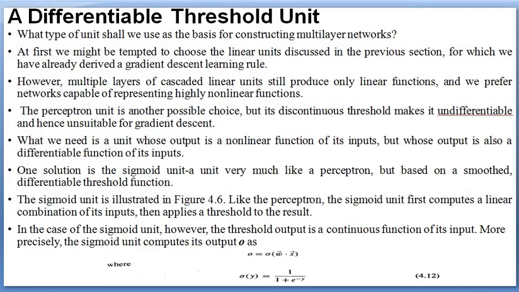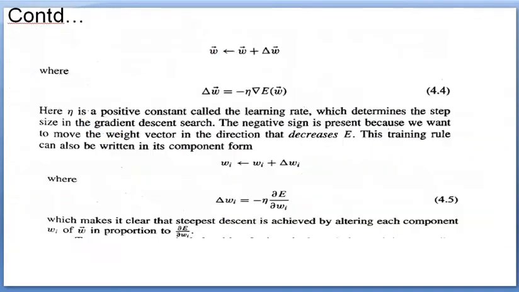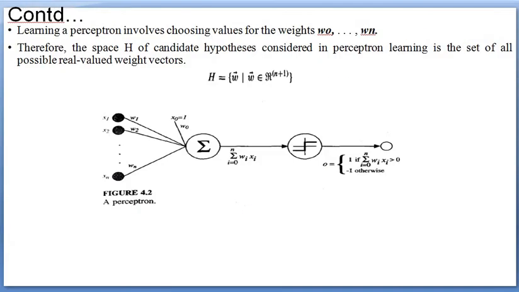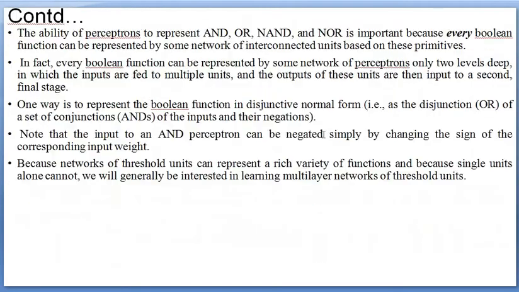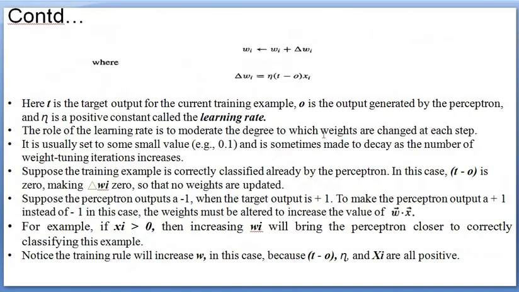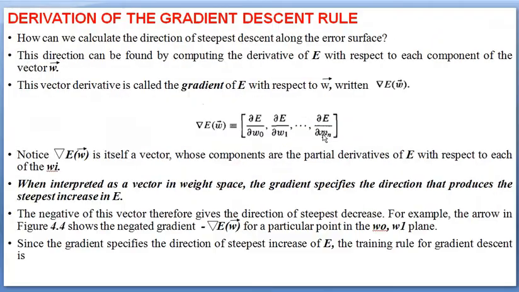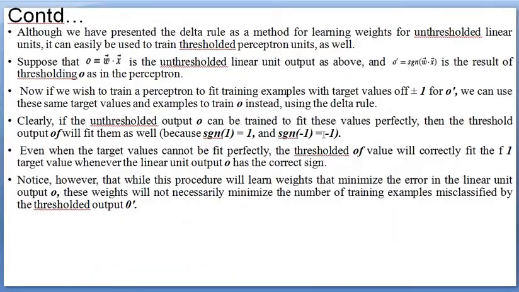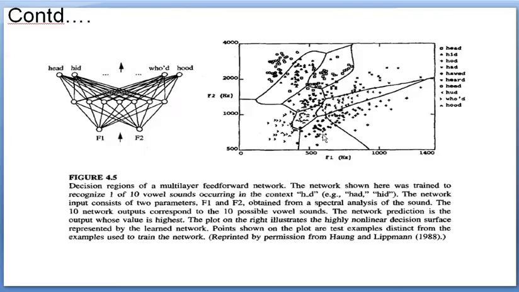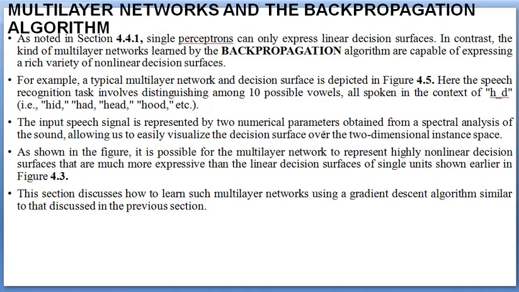Okay, so coming to the last part of this module, that is the differentiable threshold unit. We have seen in the example of the perceptron that to get the output, we applied the threshold function. This is called the threshold function, and we got the output by applying the threshold value, that is sign. That we have already seen. So I'll show you how we obtained the output of the neural network using a single layer neural network.